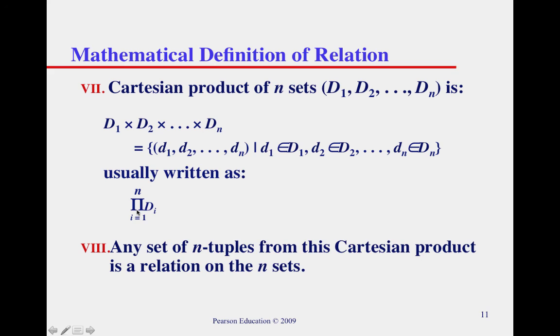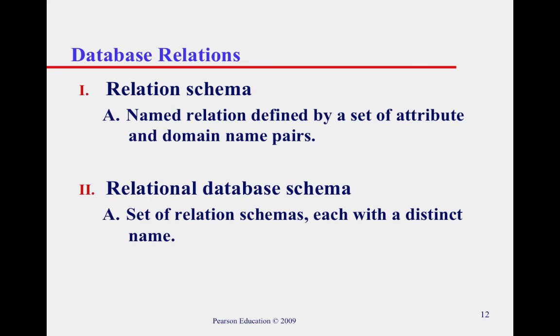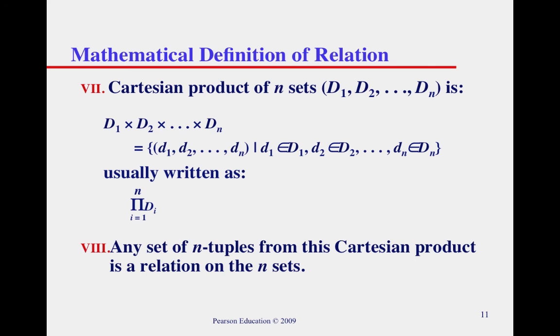So capital Pi is the, in this case, Cartesian product operator over all of the domains. So then you would choose your set of tuples from the set of n tuples that you've gotten from the Cartesian product. Okay, so that's kind of the mathematical definition of a relation. This last slide gives you the kind of general definition of a relation.